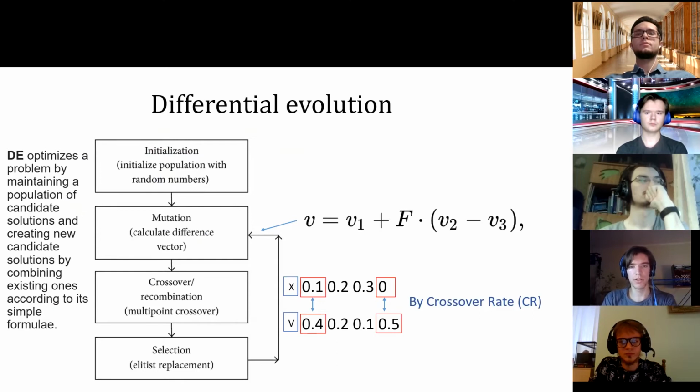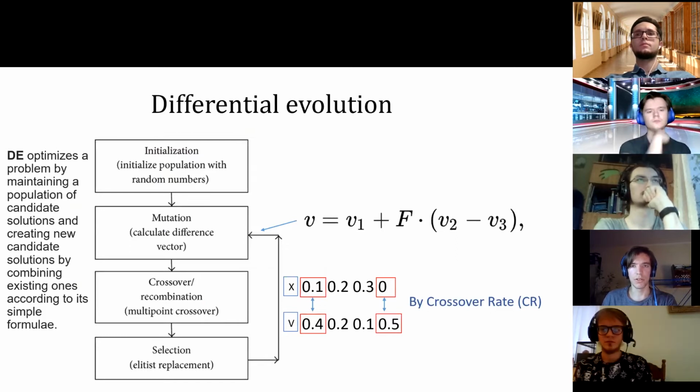The next algorithm is differential evolution. It is one more algorithm from the genetic algorithms family. At the start of the algorithm, you have generation of individuals. Then each individual is mutated by a simple formula, which you see on the screen.